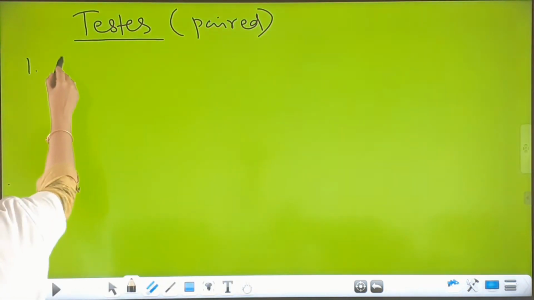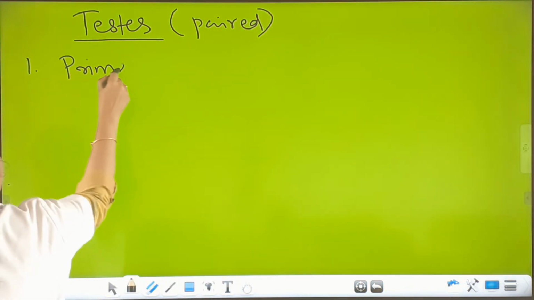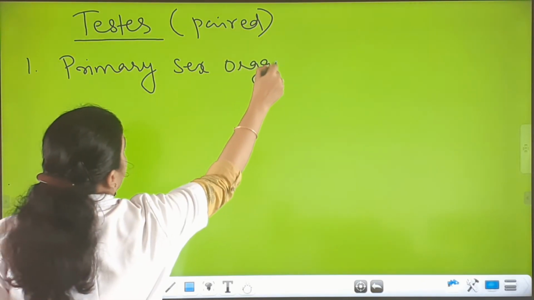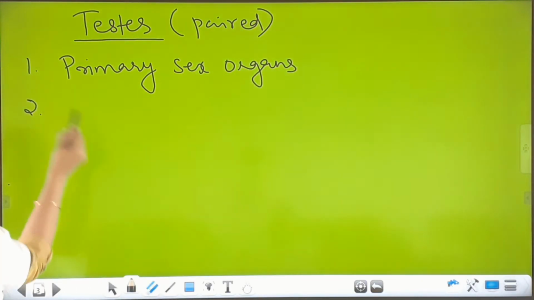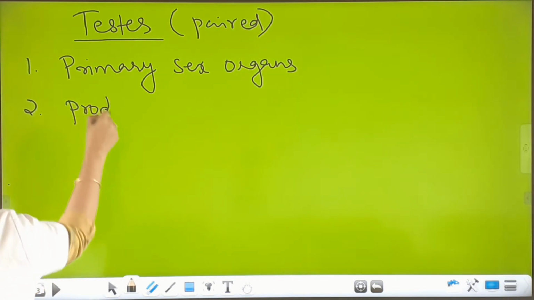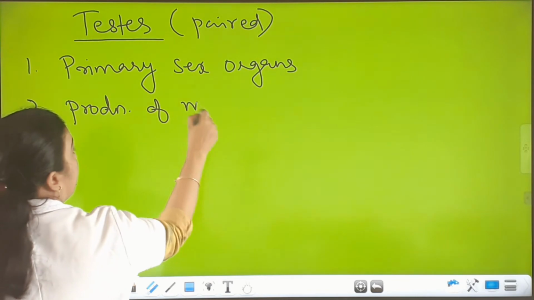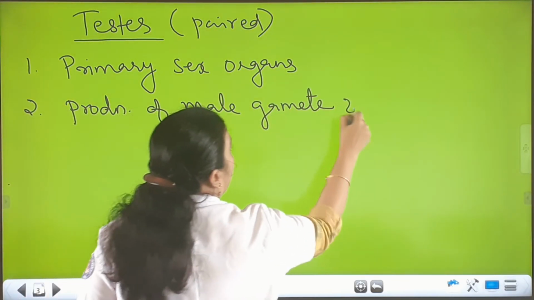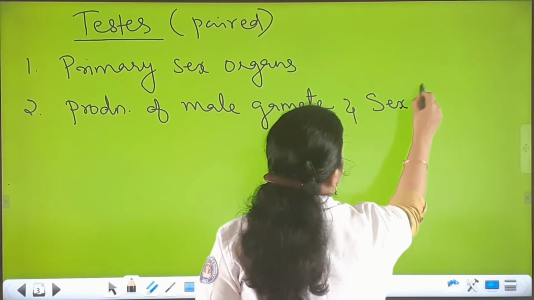So first point, these are the primary sex organs, and these are responsible for the production of male gamete and male sex hormone.